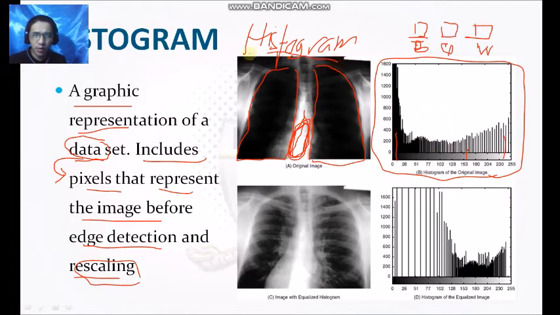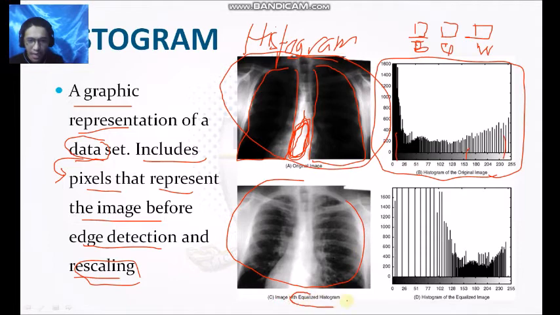For example, you have two images: an image that is very dark and an image with an equalized histogram. That means the density and the contrast have already been adjusted. As you can see in this image, the lungs are very dark, so the histogram shows most of the pixels concentrated in this very dark area.